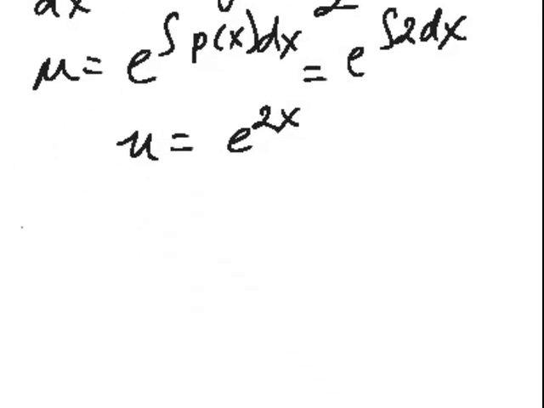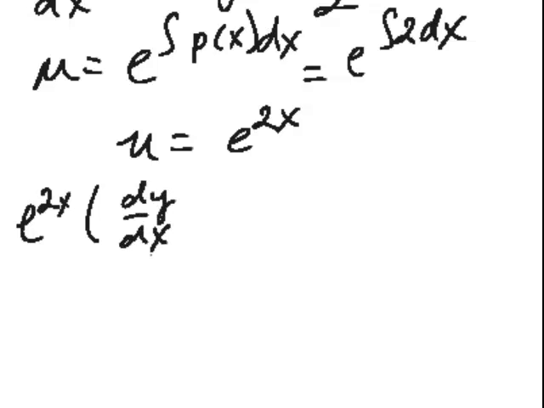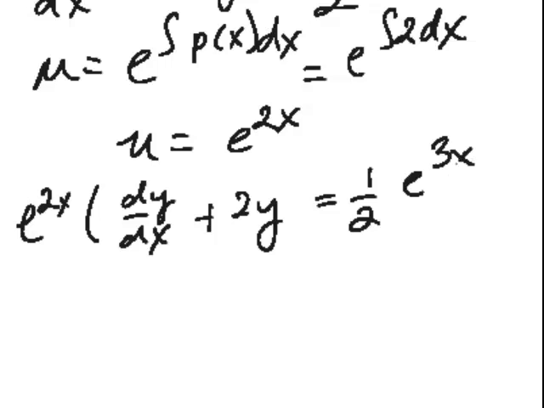So now what you do is you take that integrating factor and you multiply both sides times that integrating factor. So the left side had a dy dx plus 2y, and then the right side was 1/2 e to the 3x. So when I distribute that e to the 2x on both sides, let me just go ahead and do it like this.